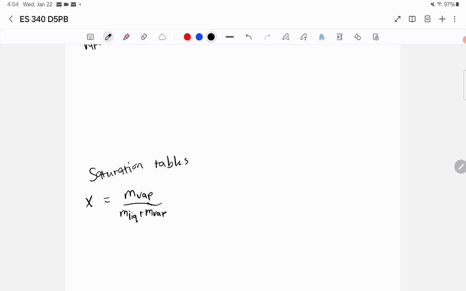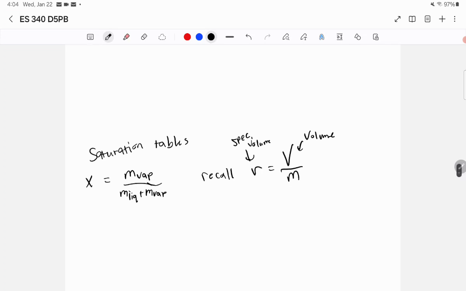Now, if we take the specific volume, recall that the specific volume is equal to the volume over the mass. So this is specific volume. This is the volume. Of course, that's the mass. So we can use this to our advantage here.